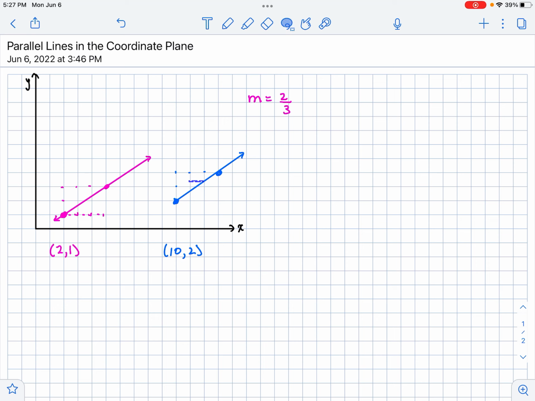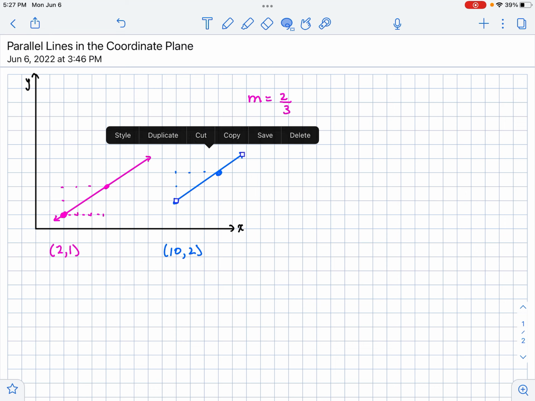And now notice, if I grab this line and drag it over here, it fits right on top of that other one. I mean, it has the same slope. So that's what's going to happen. Whenever two lines have the same slope, we say they're parallel.